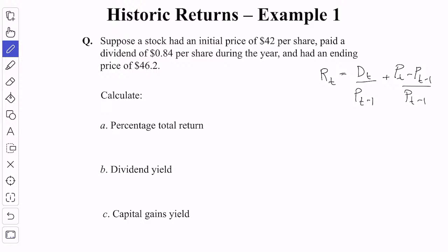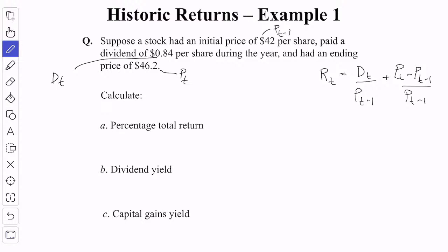So let's see, I'm going to do it in pieces. I'm going to first identify here, suppose a stock had an initial price. So that's going to be P_{T-1}. And paid a dividend during the year. So this is the dividend D_T, and then this is the price P_T. Okay?